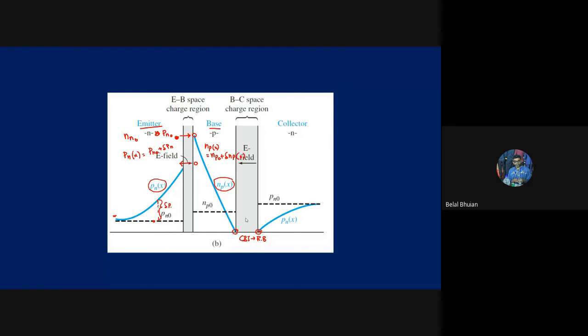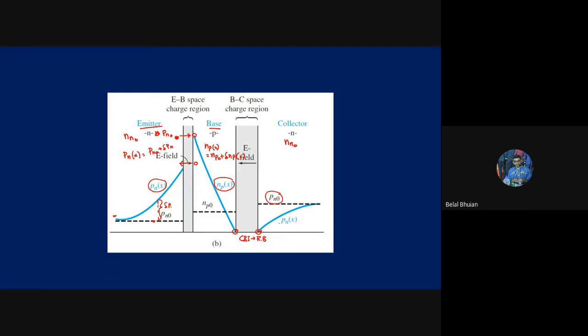Again, on the collector side there are electrons as majority carrier, N naught, and its corresponding thermal equilibrium minority carrier, Pn naught. Since it is reverse bias, no excess carrier is injected from either side, so the total carrier at the depletion region edge will drop.